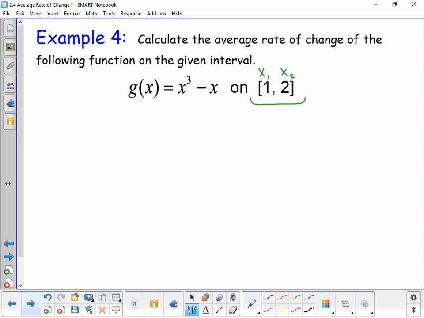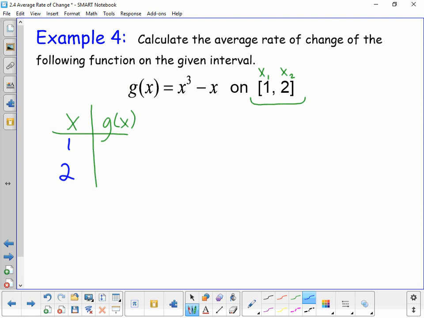I think that the easiest way to do this is probably to build your own little table. Or I suppose if you had a particular affinity to graphing, you could maybe try graphing it. So we are interested in the two x values 1 and 2.